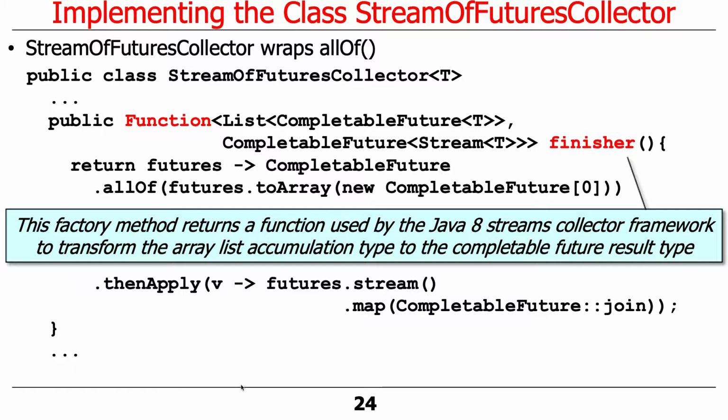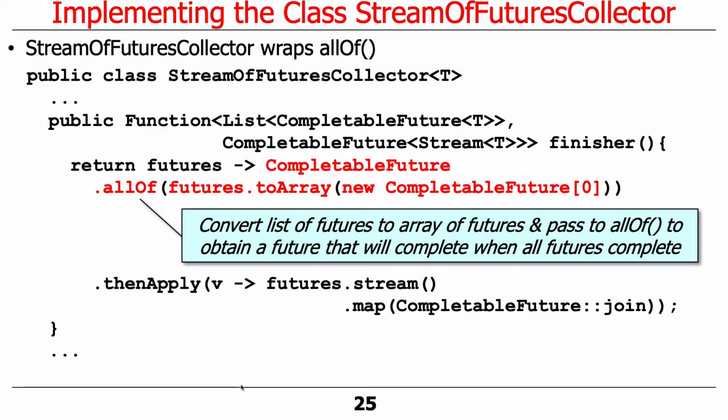And here's the function. So as we talked about before, the function works by converting the list of completable futures into an array of completable futures, and then passing that array of completable futures to completable future allOf, which is the arbitrary-arity method.